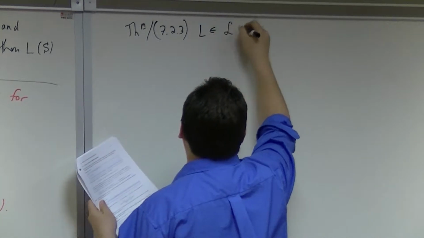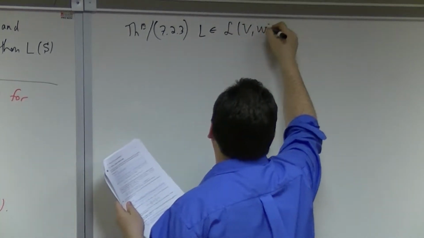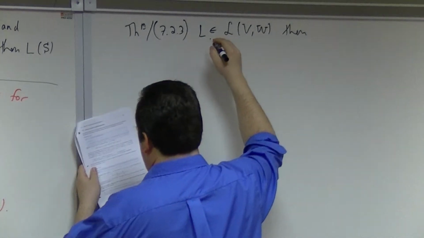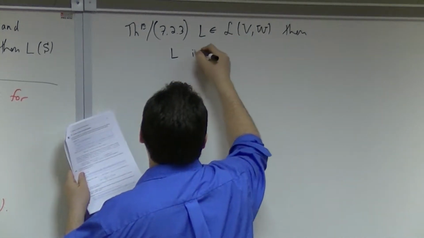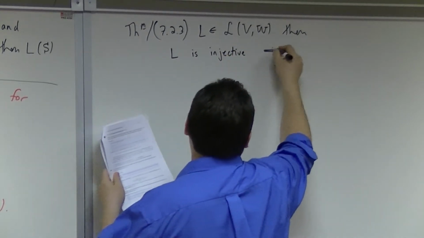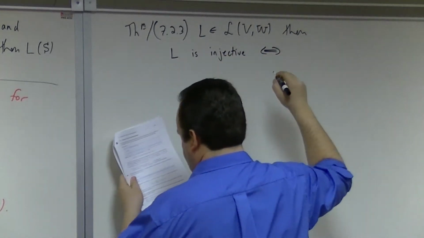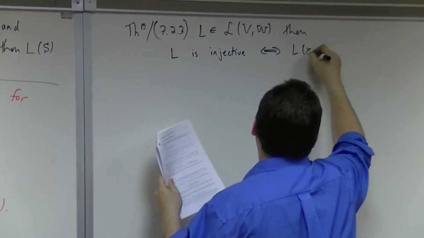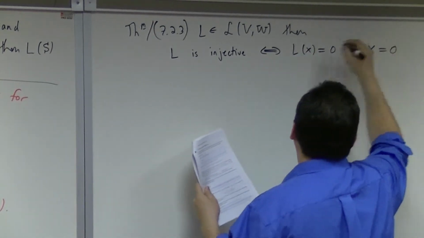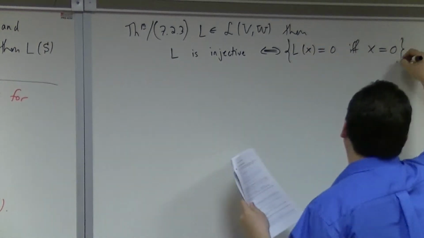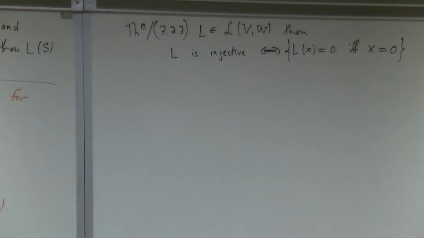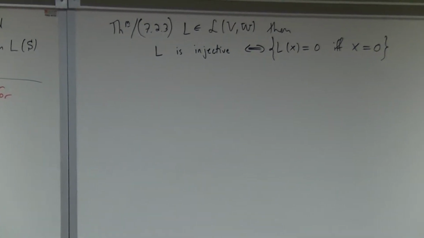L, an element of the linear transformations from V to W. Then L is injective if and only if what? L of x is equal to 0 if and only if x is equal to 0. Put some brackets around here to emphasize that's a single statement. In other words, the only thing that maps to 0 is 0 itself.